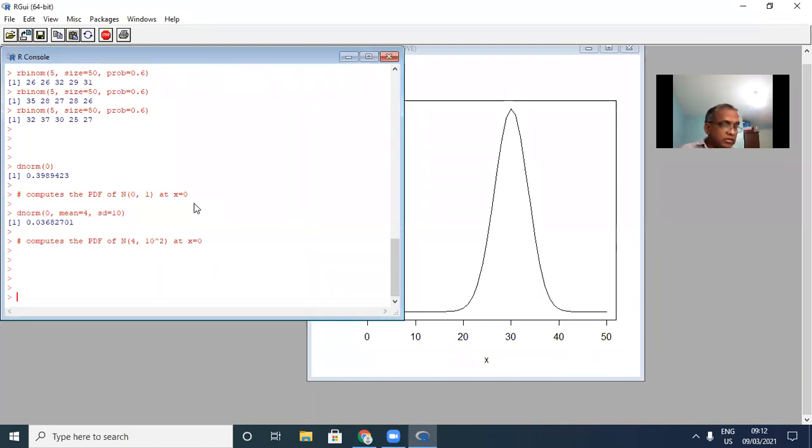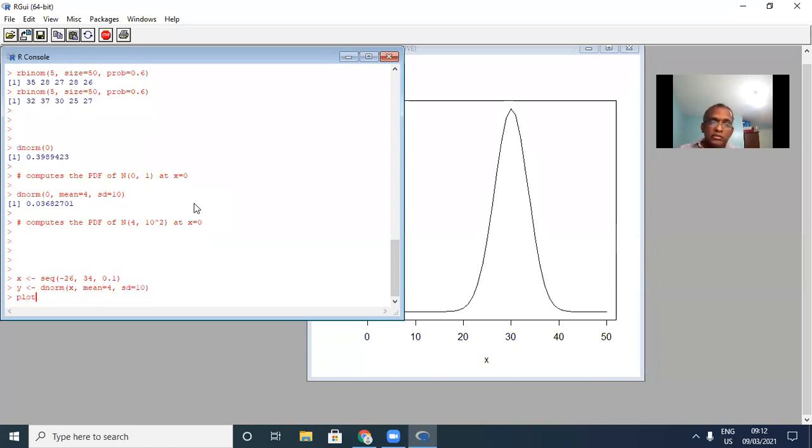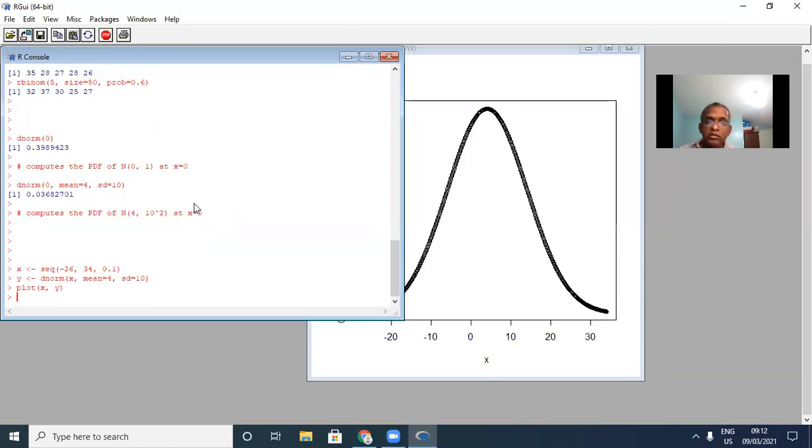The next thing is I'm going to show you how to draw the PDF of a normal distribution. Let me define the x-axis first, and let me define y to be dnorm at x, say with mean equal to 4 and standard deviation 10, and then I say plot(x, y).